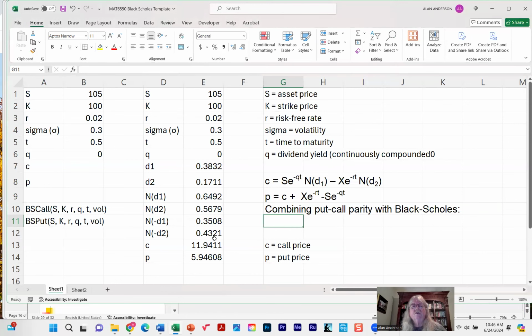Because I think you can call one function with another function. Let's do it that way. In other words, within the same spreadsheet, by defining BS call, it thinks that's an Excel function now. So you can use that. All right, let's try it that way. I like that idea. For the put, you're going to put in the code.